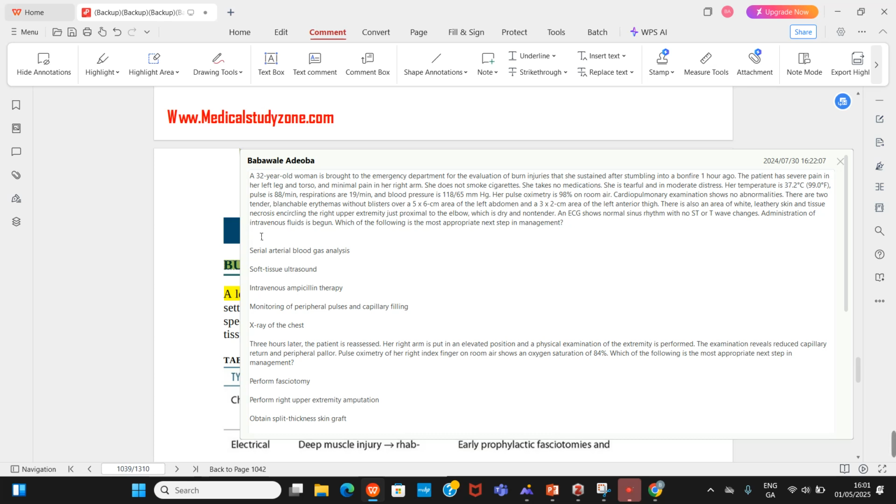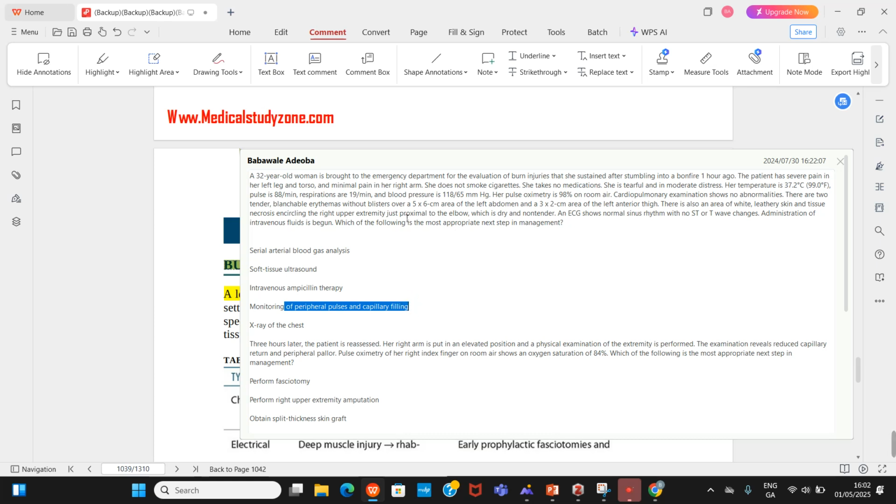Why? Because of the need for escarotomy. Exactly, this guy is having a circumferential burn. Don't forget, there's going to be increased tendency of vascular compromise because of the eschar that is there. So you have to monitor the peripheral pulses and the capillary filling.